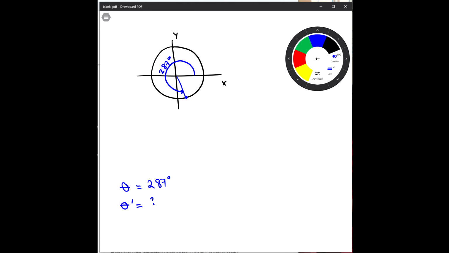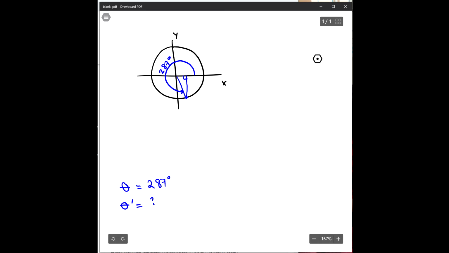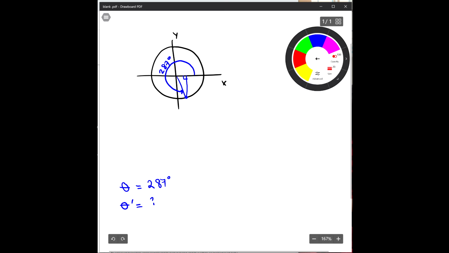I follow the same steps that I did earlier in the previous examples. I drop down the side, or the height, to the x-axis. Next, I will highlight the x-axis and the terminal side of the original angle.